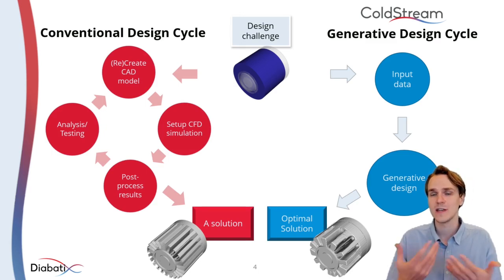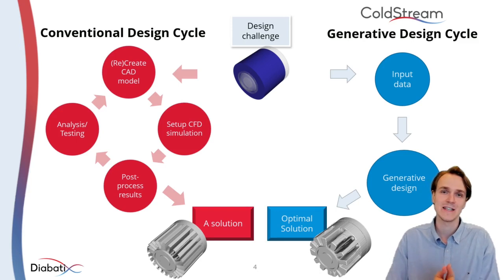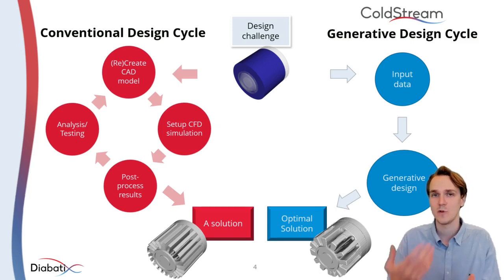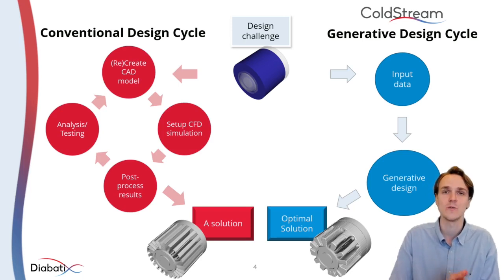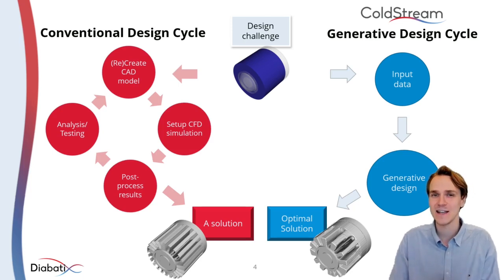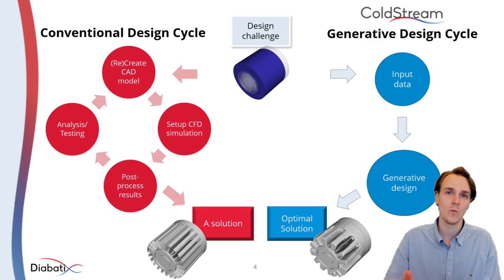Because in fact, the way that ColdStream works is for a given design challenge where you would like to perform thermal topology optimization, our software will iterate through hundreds of design cycles. Each single one will have a full CFD simulation attached to it, checking the performance of that design iteration.